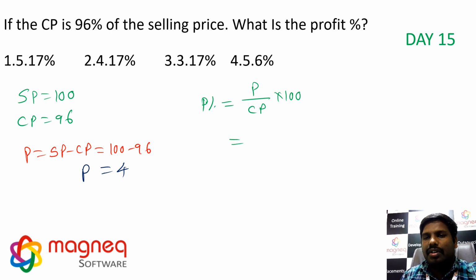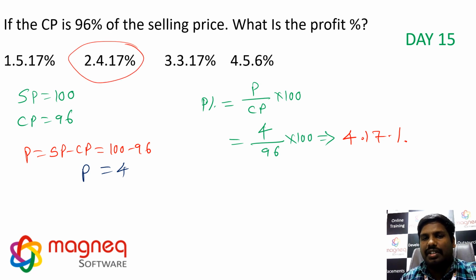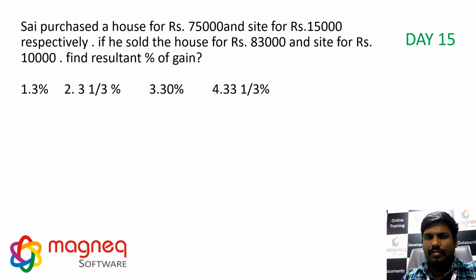From the data, profit 4 by cost price 96 into 100. From calculation, 4.17 percentage. Remember, in this question, selling price 100, cost price 96. So profit percent equals profit by cost price into 100, so 4.17 percentage.